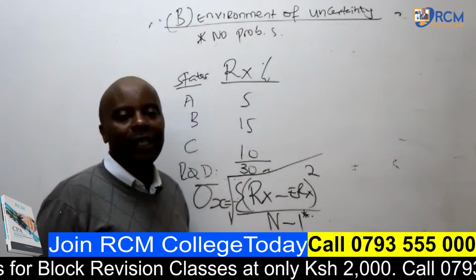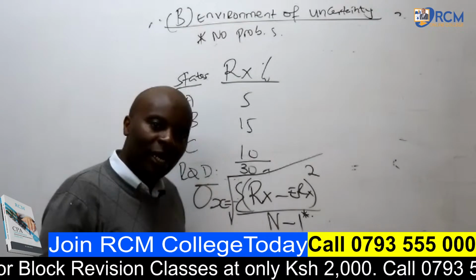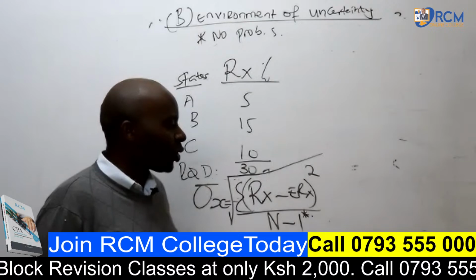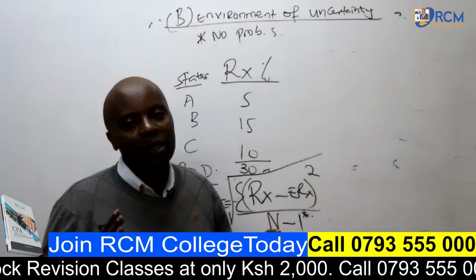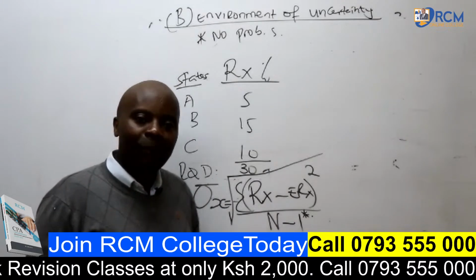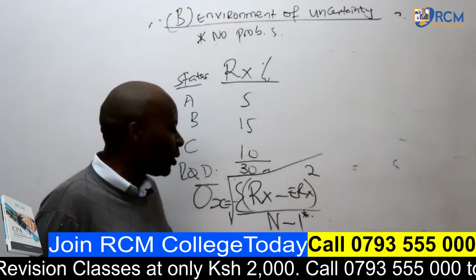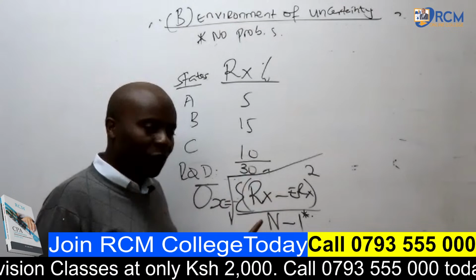In finance, we must always take away 1 from n, because when you are not given probabilities, the sample has to be small. We have a small sample. And for all small samples, you don't divide the standard deviation sigma with just n, you divide by n minus 1.